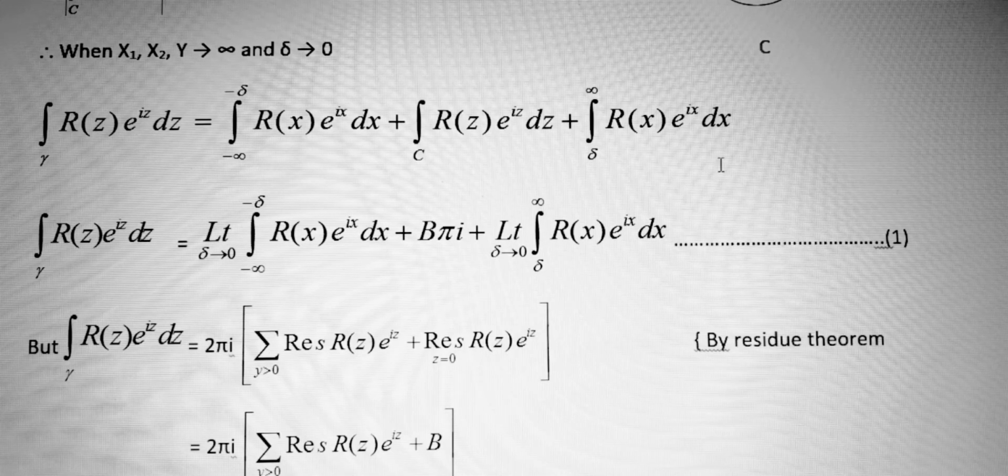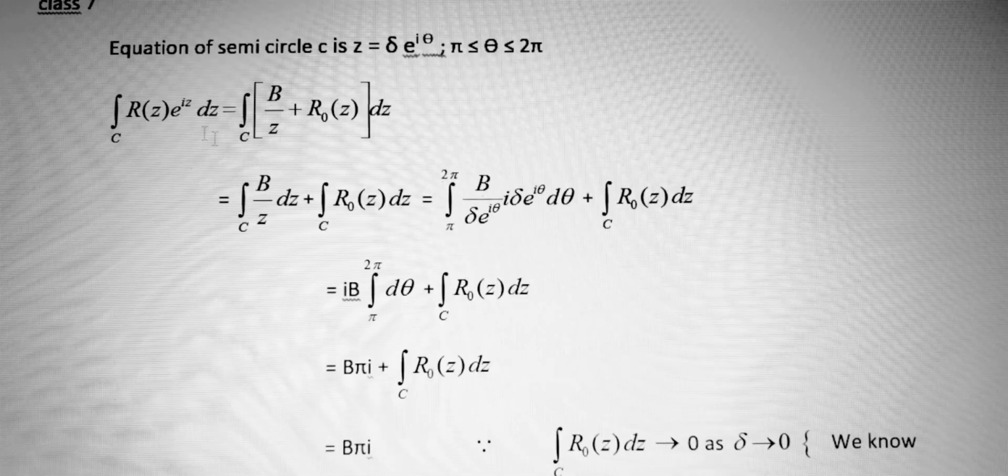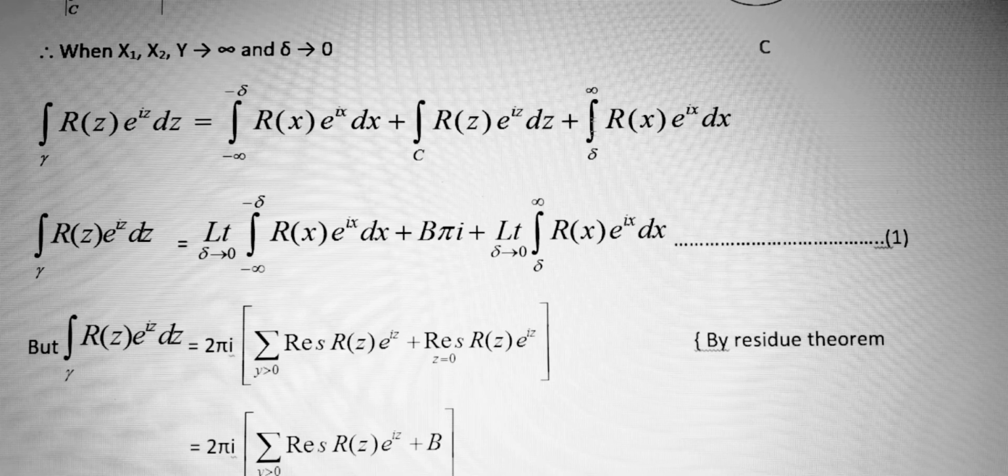Taking limits on both sides, as delta tends to 0, the integral over gamma of r(z) e^(iz) dz is equal to the limit as delta tends to 0 of the integral from minus infinity to minus delta of r(x) e^(ix) dx, plus this integral, which is b pi i from this part, plus the limit as delta tends to 0 of the integral from delta to infinity of r(x) e^(ix) dx, which is denoted as 1.